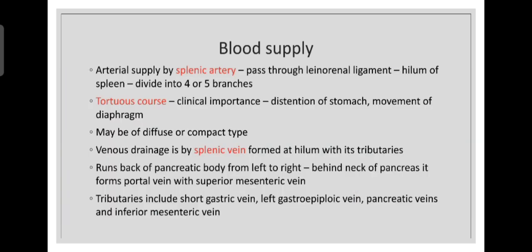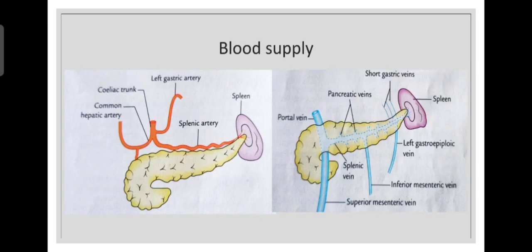Venous drainage is by the splenic vein, and see here, the splenic vein runs behind the body of the pancreas. The splenic artery runs above the superior aspect of the pancreas, while the splenic vein lies behind the pancreas. Here it is not tortuous in course.